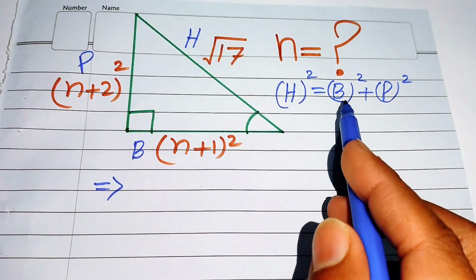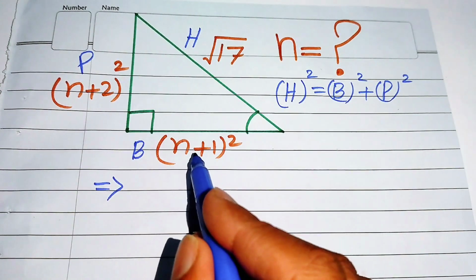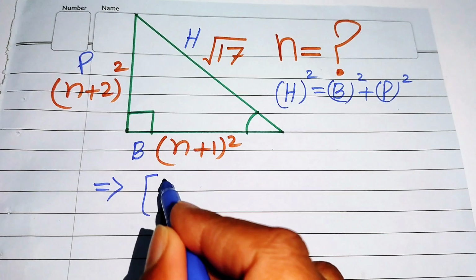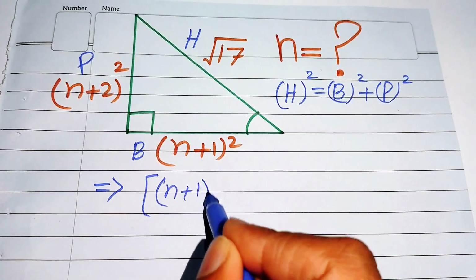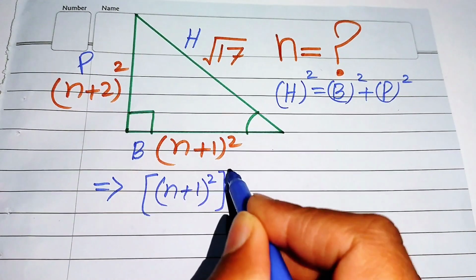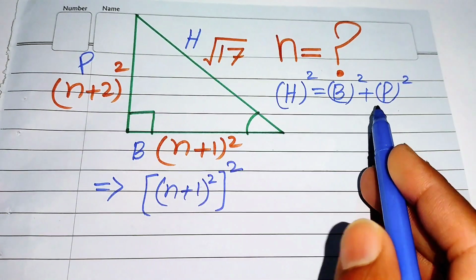Here we first write base squared, so our base is (n+1)², and it becomes ((n+1)²)², plus perpendicular squared. Our perpendicular is (n+2)², so it becomes ((n+2)²)², and it equals hypotenuse squared. Our hypotenuse is √17 and its whole square.